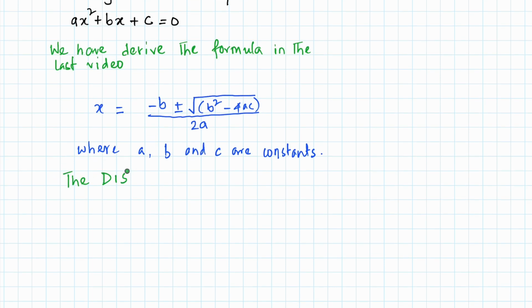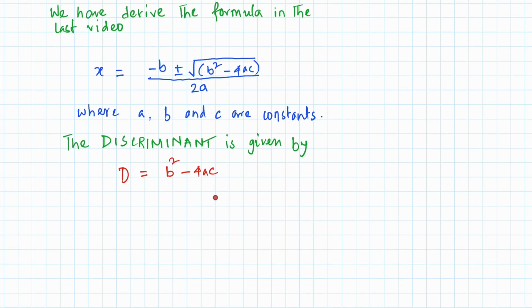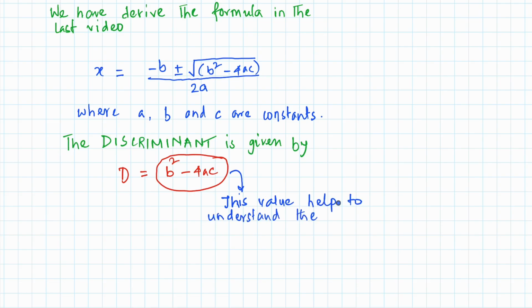Now, the discriminant of the given quadratic equation is given by D is equal to b square minus 4ac. So the value b square minus 4ac under the root is the discriminant. This value helps to understand the nature of the roots. That's why this is important.